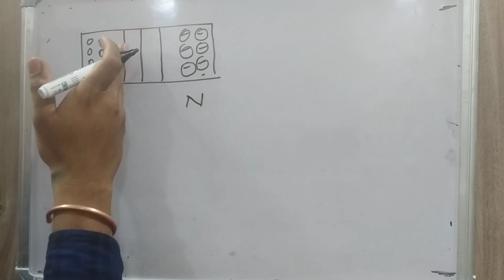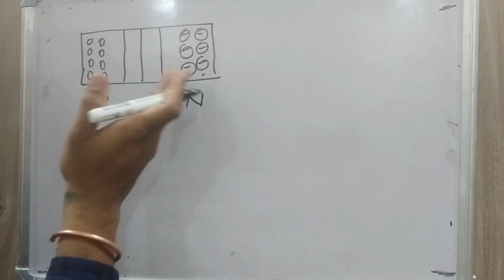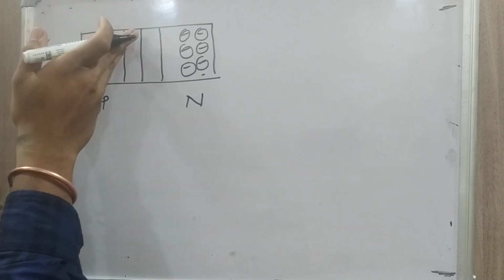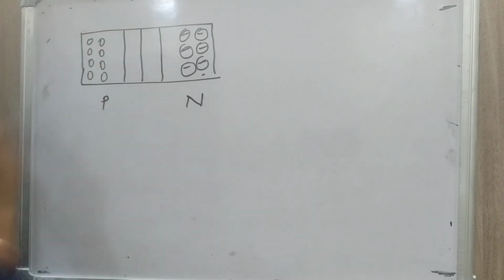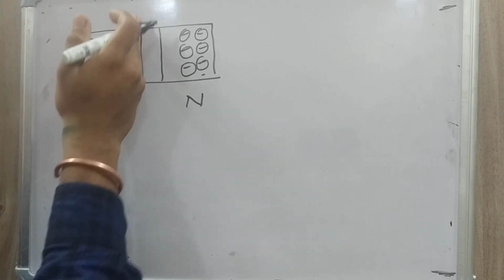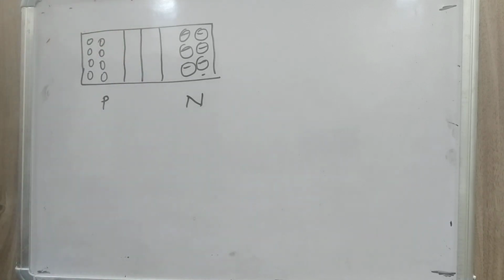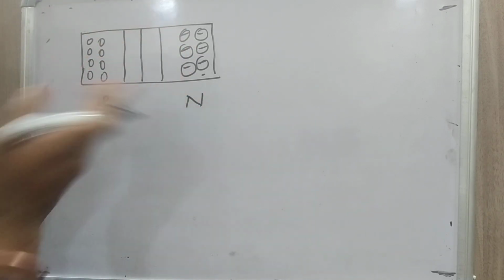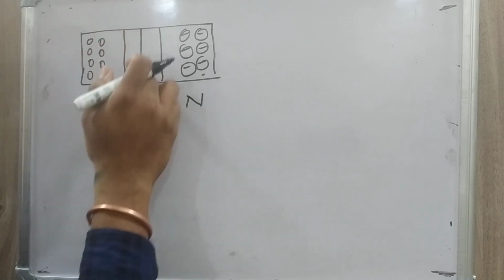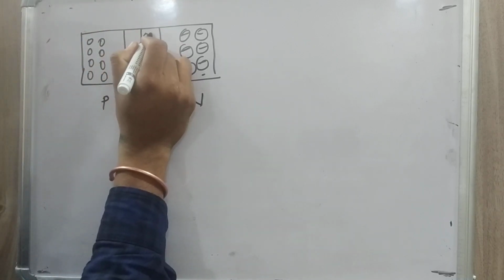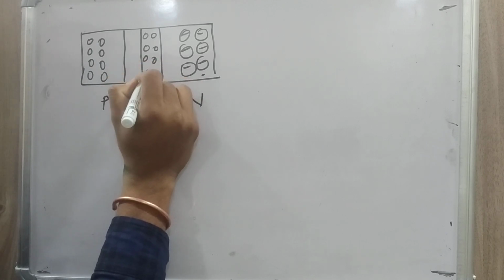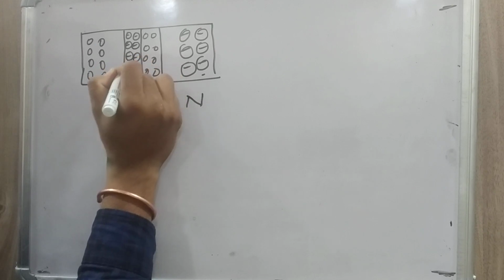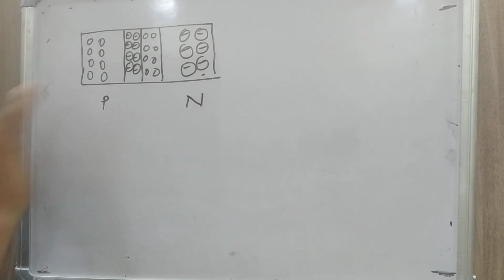So holes near the junction experience the attractive force from the electrons, and similarly electrons experience the attractive force from the P side holes near the junction. As a result, electrons from this side move to the P side, and because of this lack of electrons near the junction, there is a positive charge, and similarly we have negative charge here. So this is a depletion region.